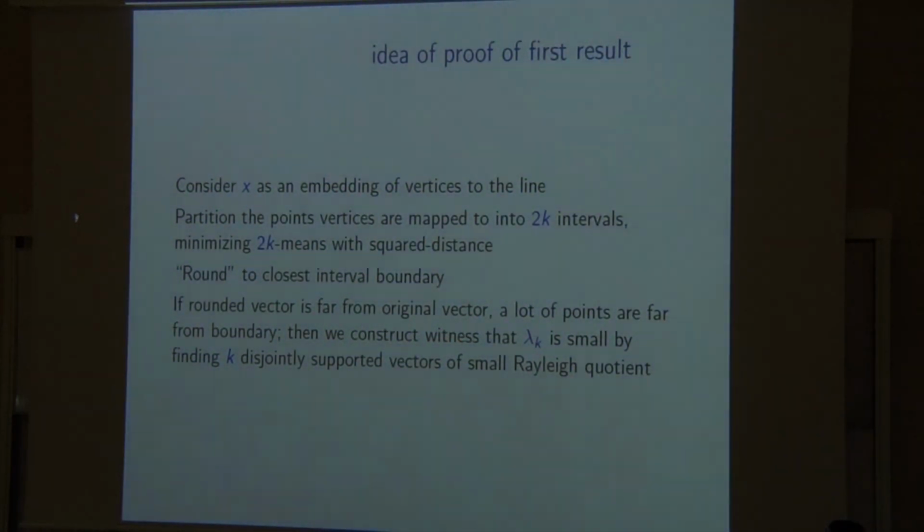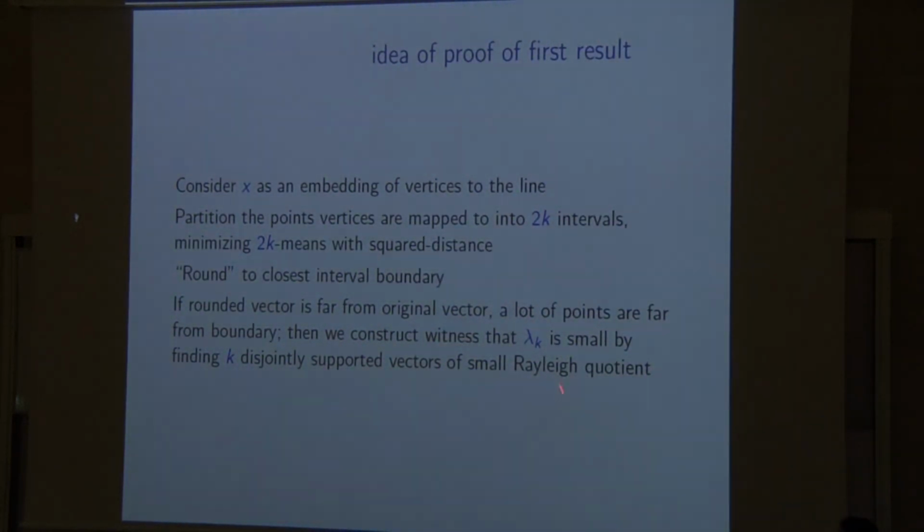And so, for each of those regions, we can zero out the vertices not in that region and get something with a comparable Rayleigh quotient. And this will give us k vectors that are non-zero on disjoint subsets of vertices, and each of them has a small Rayleigh quotient. And that's a witness that lambda k is small.